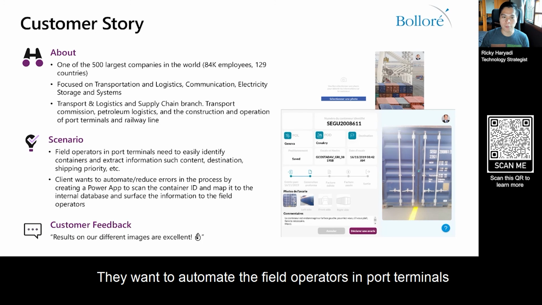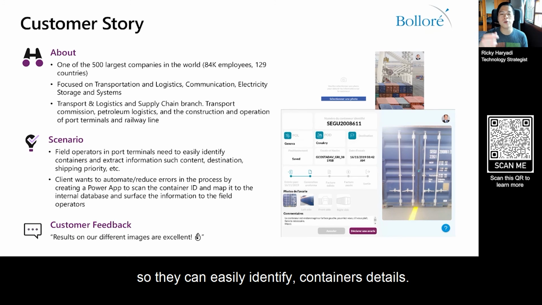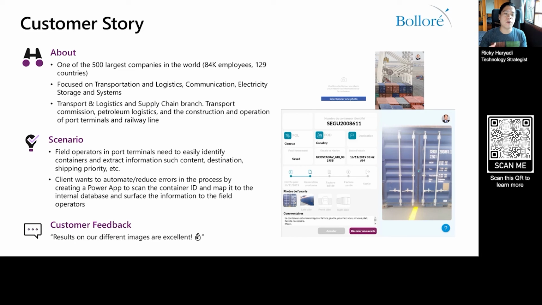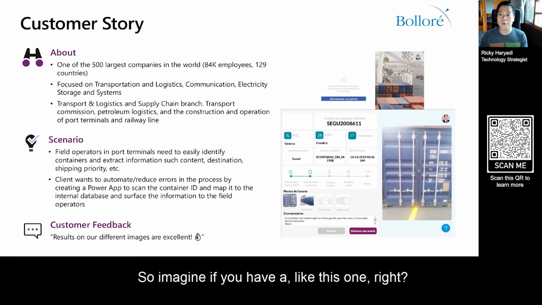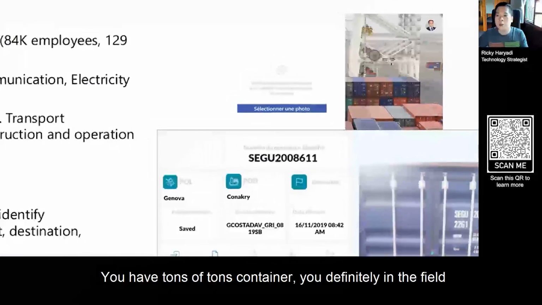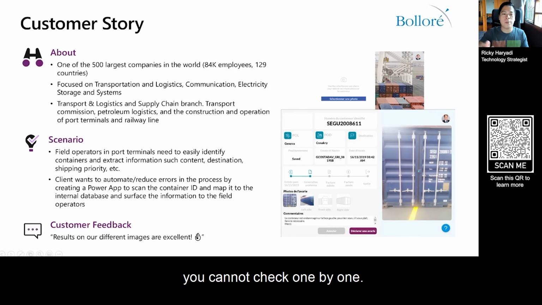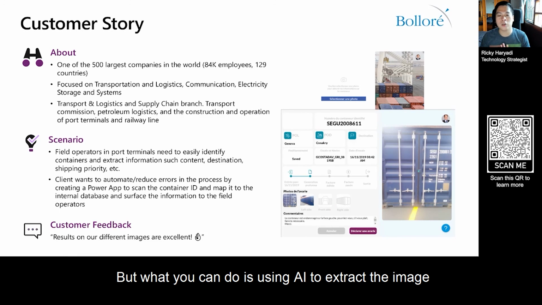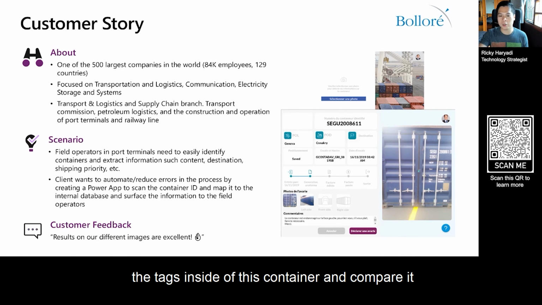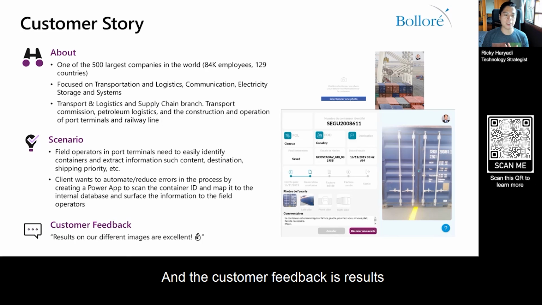They want to automate the field operators in port terminals so they can easily identify container details. Imagine you have tons of containers. In the field you cannot check one by one. But what you can do is use AI to extract the text inside the container image and compare it with the details in your database. The customer feedback is that results on different images are very excellent.